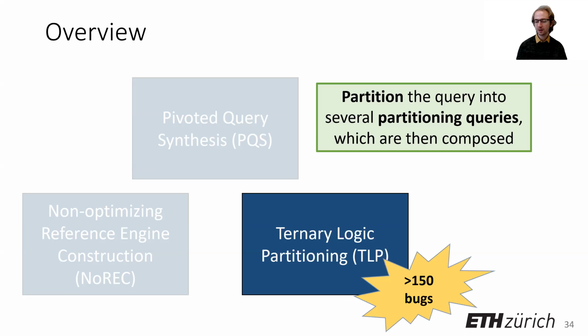And finally, TLP allowed us to find and report over 50 bugs, and there the idea was to partition a given query into multiple partitioning queries, each of which compute a part of the result, and the parts can then be combined to yield the original query's result, which can be validated.